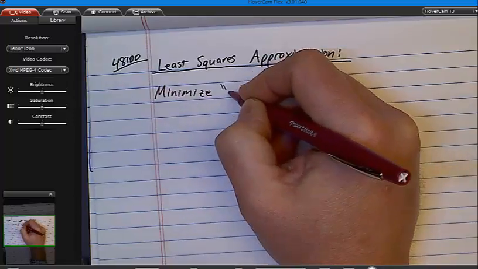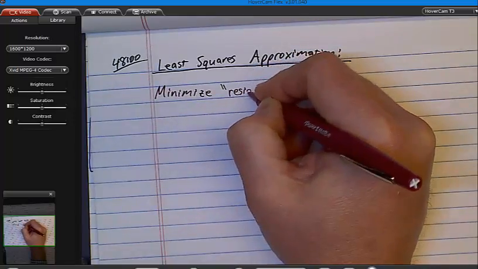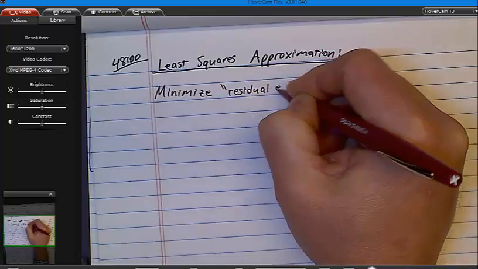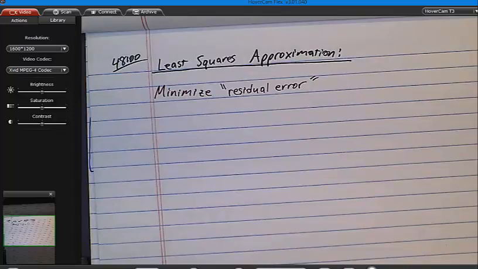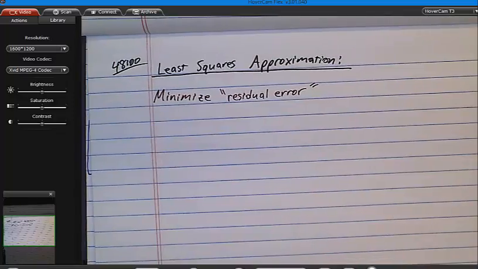what it's actually usually called the residual error. Okay, we want to minimize what we call the residual error.